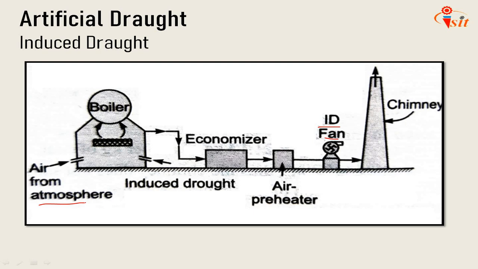The products of combustion are drawn from the main flue gas and they pass up to the chimney. This draught is used usually when economizer and air preheaters are incorporated in the system. The draught is similar in action to the natural draught. Okay, so that is induced draught.